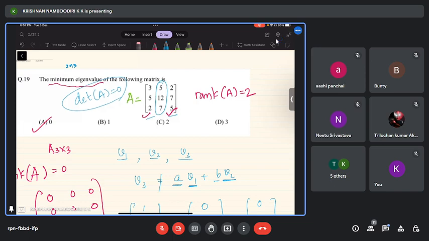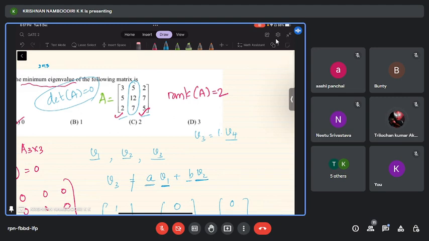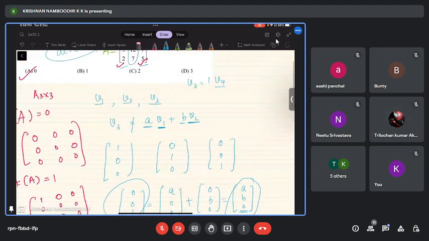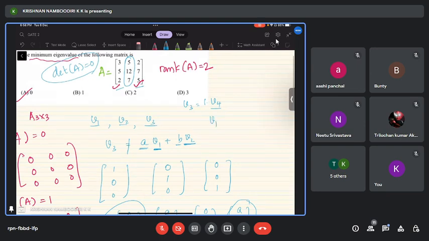Say I can write V3 as 1 times V4, or maybe all the other columns you can weigh with 0. That's the definition that I have given here, right? So one column as the linear combination of other columns.